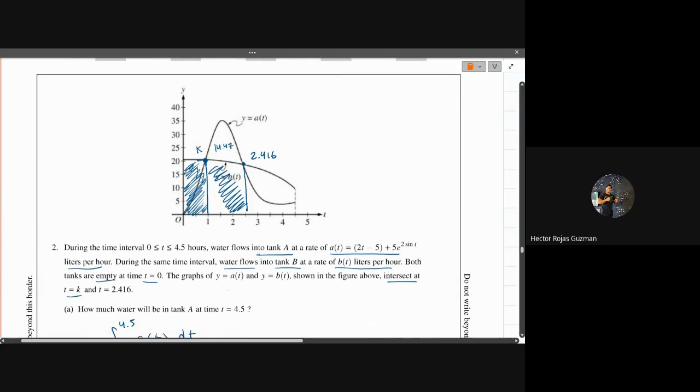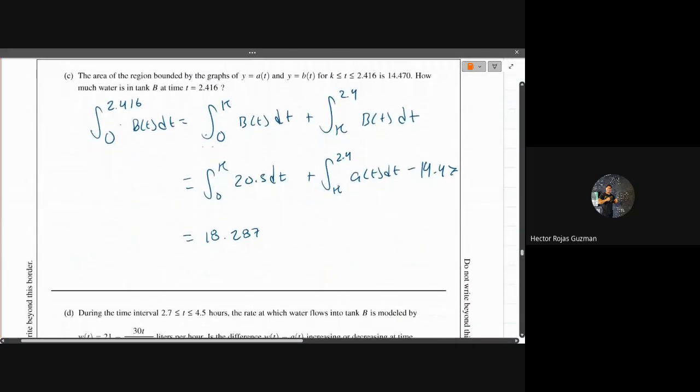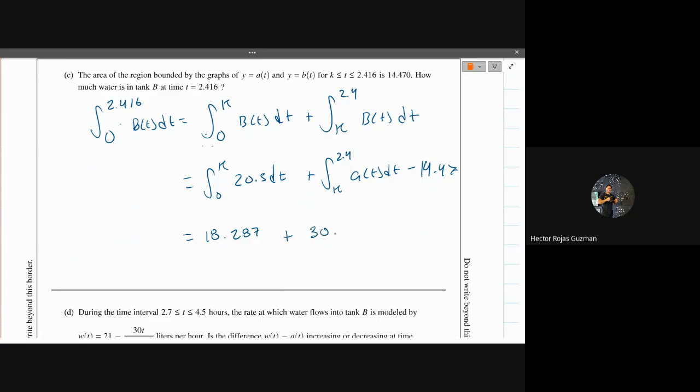So the integral from K to 2.4 of A of t minus 14.47 gives us 30.027, which gives us 48.314 at t equals 2.416 hours. Tank B has 48.314 liters of water.